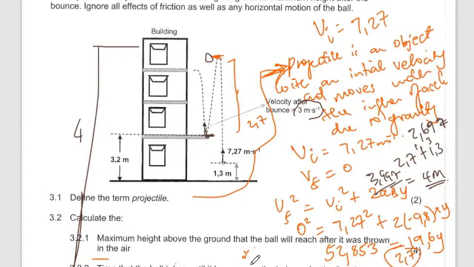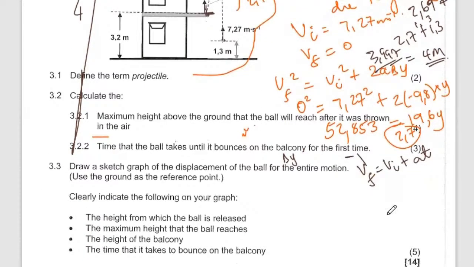Yeah, makes sense. So my delta y is going to be 4 minus the 3.2, which is 0.8 meters.